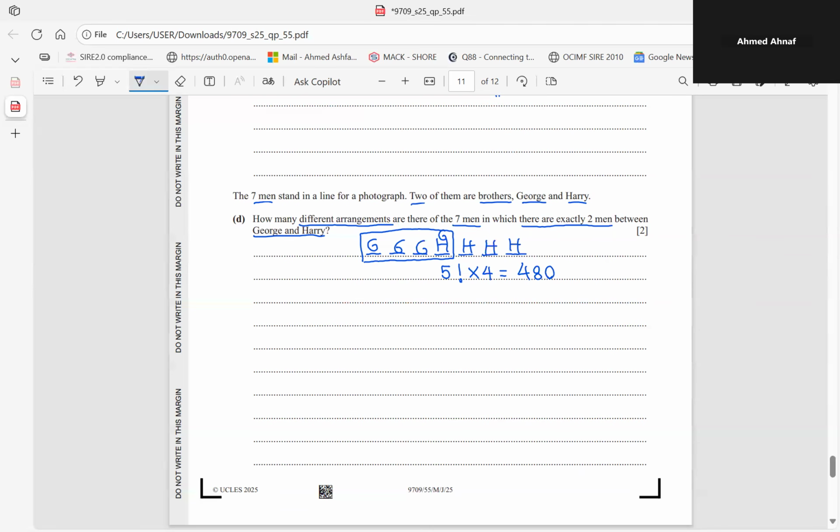And then we can also consider the case where instead it's Harry and George here, and the remaining 3. So this would also be 5 factorial times 4, which is 480.